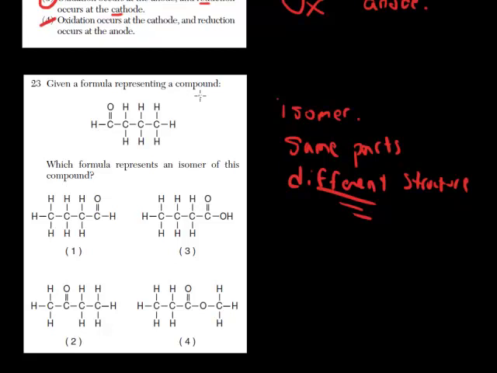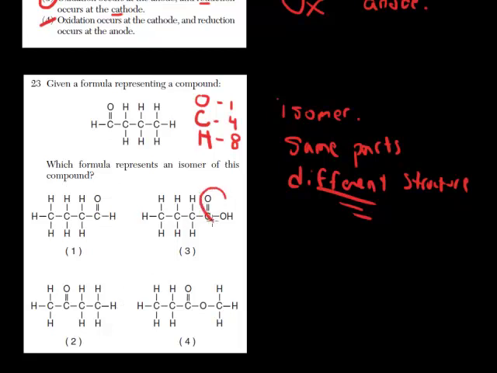There's three parts. There's oxygens, there's carbons, and there's hydrogens. So the structure they gave us, given this formula, has one oxygen. It has 1, 2, 3, 4, 5, 6, 7, 8 hydrogens. And there is a string of 4 carbons present. So I'm looking for an answer that has the same thing.